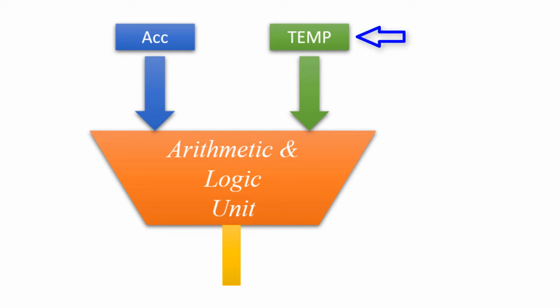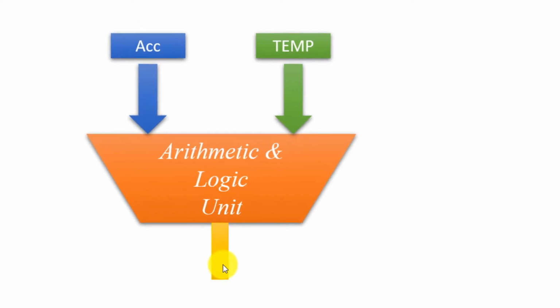So here I have shown it as a temporary register. So the value from that B, C, D, E, H, L may come over here and then the operation is performed. Whenever the operation of the arithmetic logic unit is completed, then the result will be generated. That also we have to put somewhere in the register.